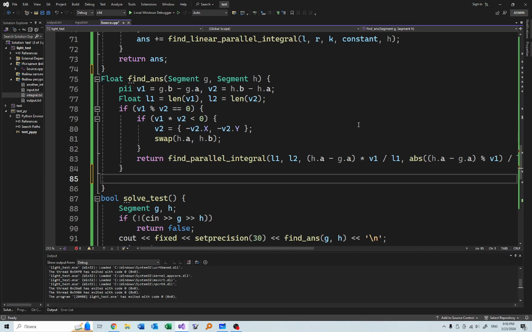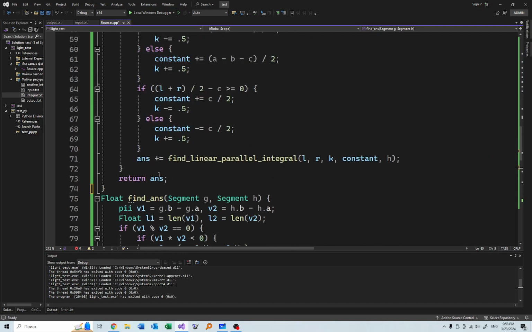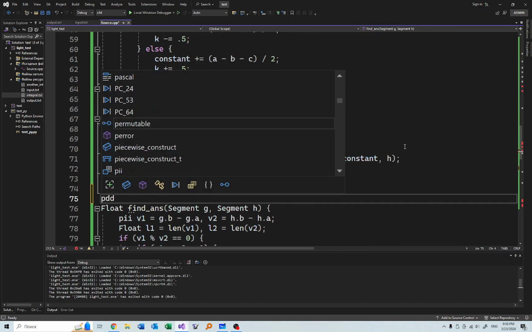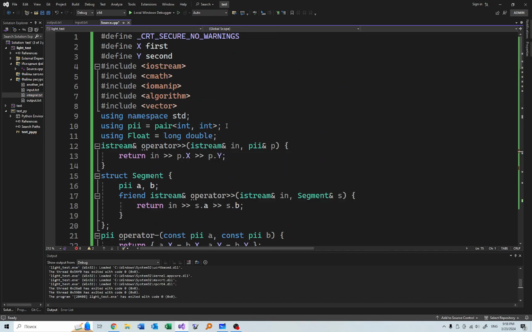Let's try and calculate the intersection of two segments. We have a Pascal here.